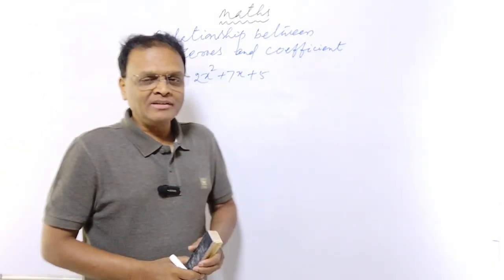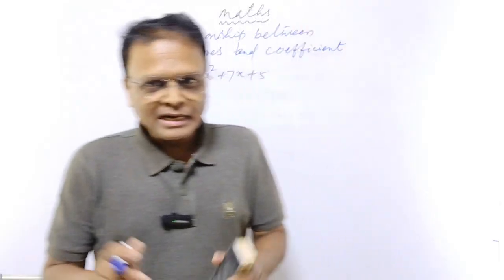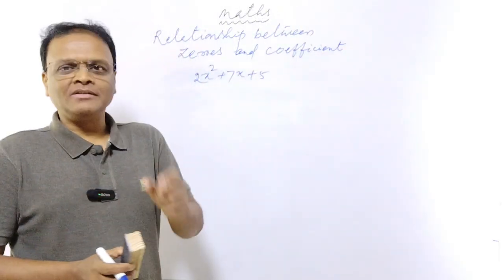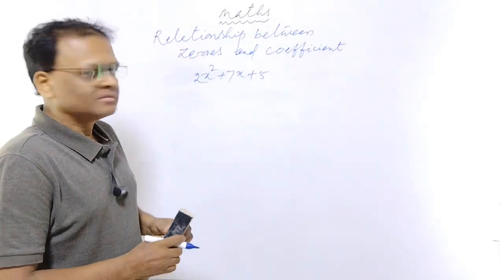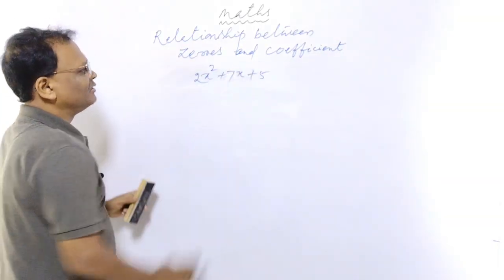So what exactly are we going to find? The zeros of this polynomial, and verify the relation between the zeros and the coefficient. Understood? Let me write the question. Find the zeros and verify the relation.